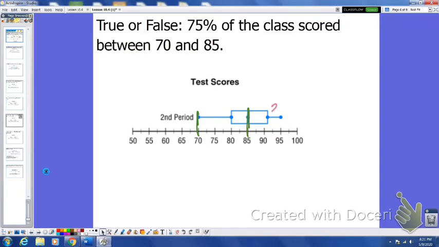We have 25%, 25%, 25%, I know they're getting a little squished there, and 25% from our minimum to Q1. So from a 70 to an 85, I'm going from my minimum to my median, which accounts for 50% of my data. So this is false.